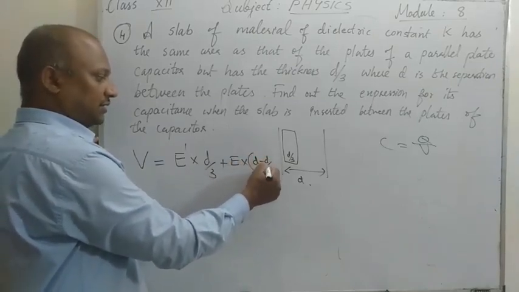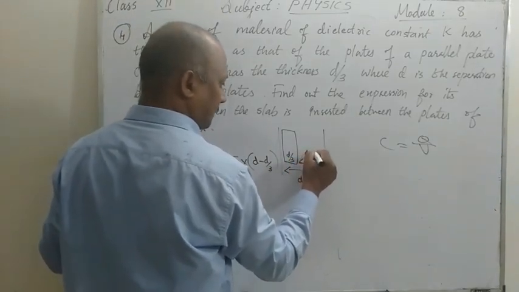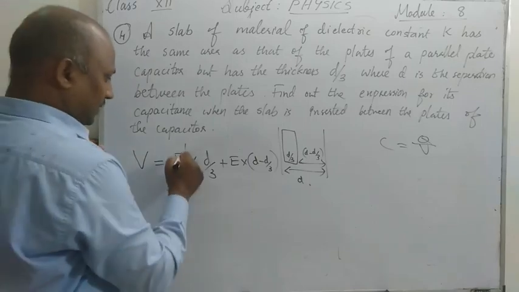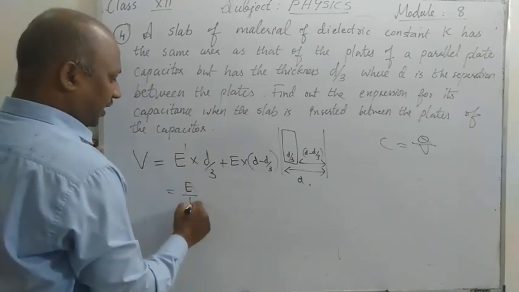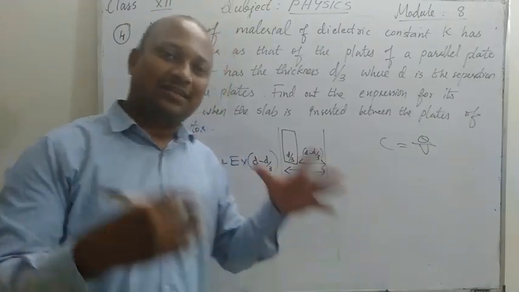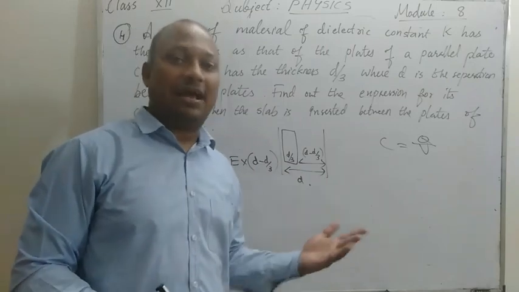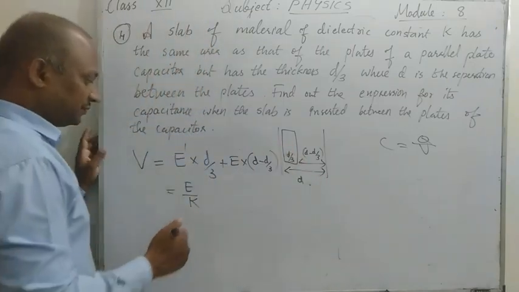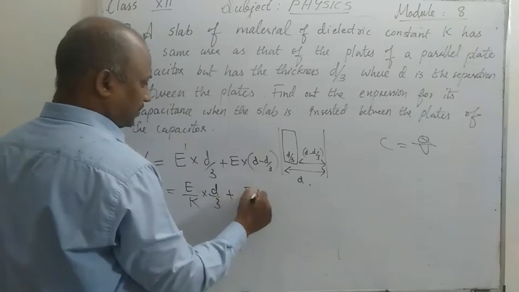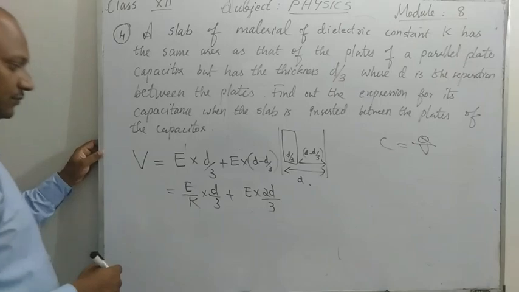The distance is d minus d by 3, so 2d by 3. So E dash will be E upon K, because when you insert a dielectric, we already have the derivation that the electric field decreases K times, plus E into 2d by 3.